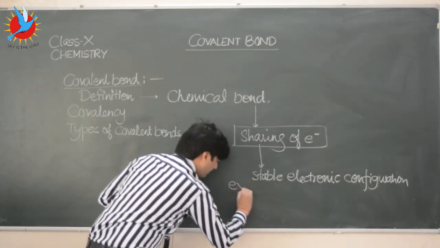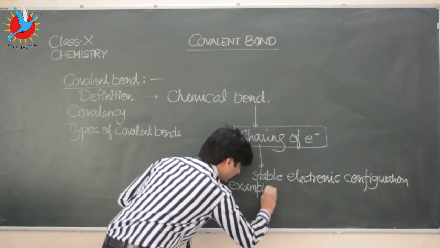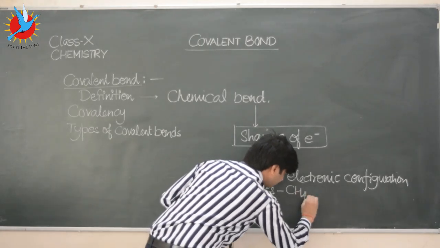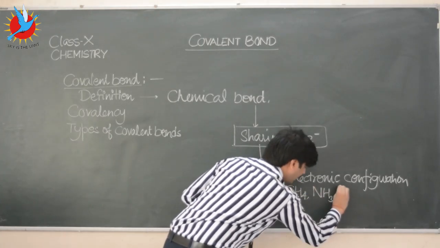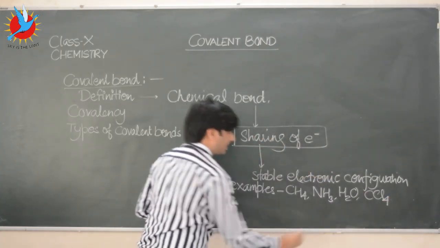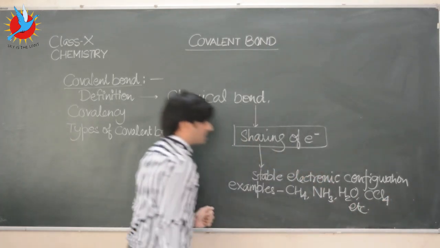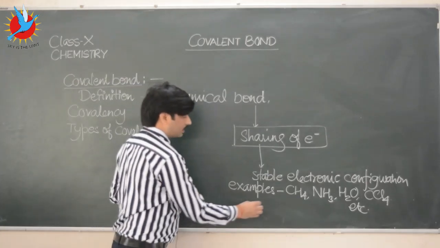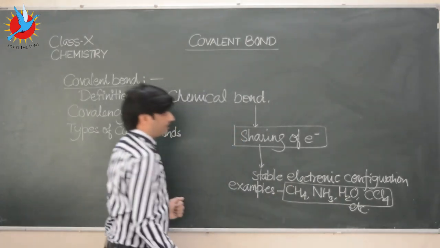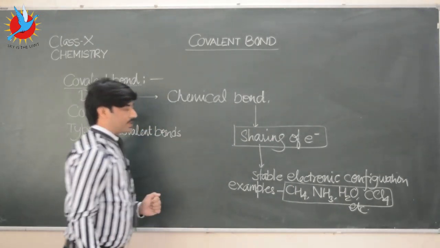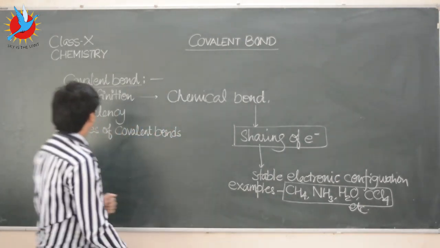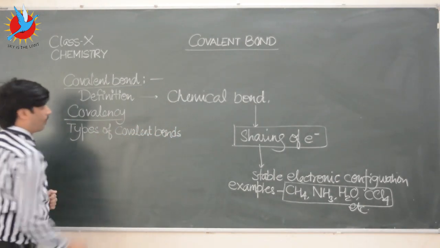We have some examples of covalent compounds like CH4, NH3, H2O, CCl4, etc. These compounds are known as covalent compounds because they have a covalent bond present between two atoms.